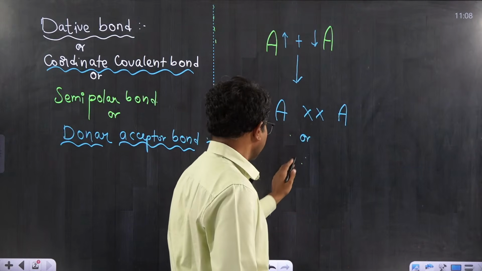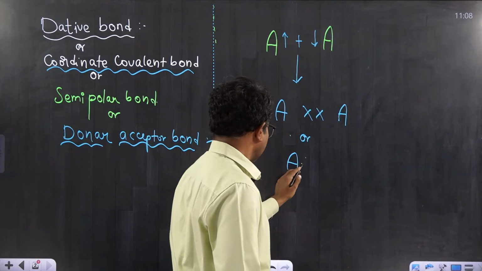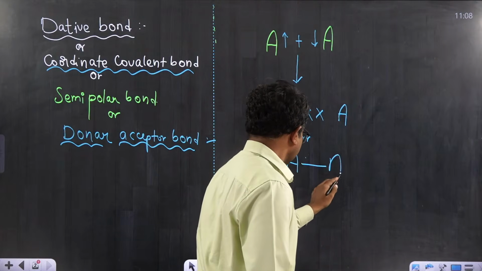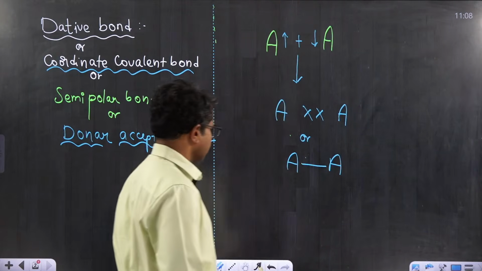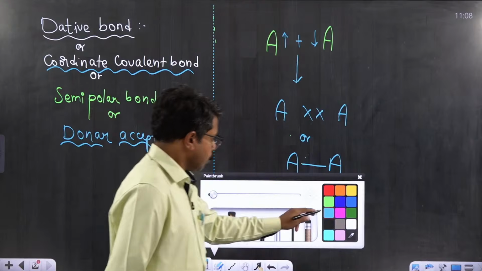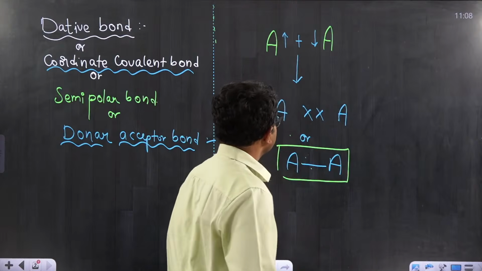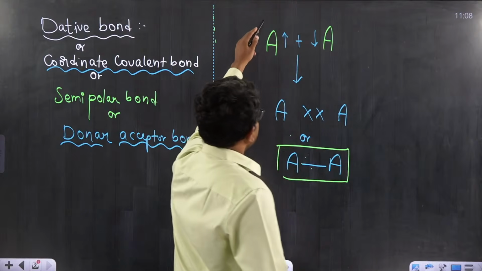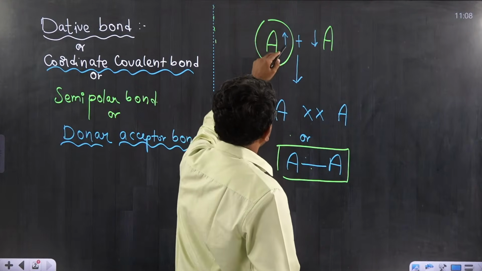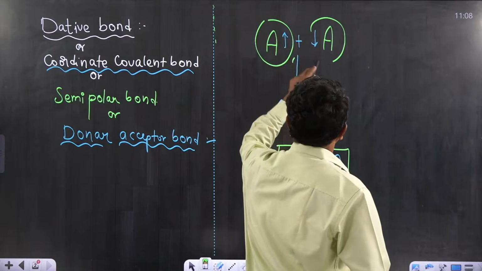So this bond can be represented as A2. In order to make the bond between two atoms, the contributing atoms have to provide one electron each.